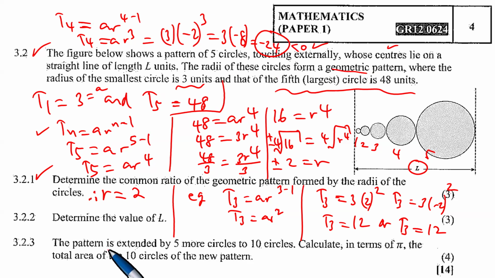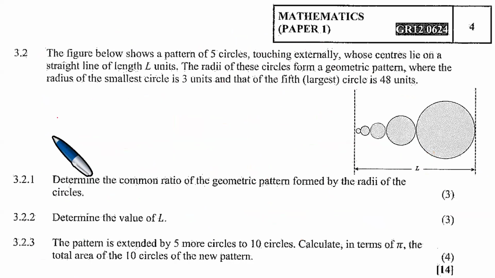So, something to take note of there. We proceed to the next question, and we now try to solve 3.2.2 about these particular circles, and we determine the value of L. The question, therefore, is what is the value of this particular L? Let us find the value of L. To find the value of L, we can see that L itself is actually the sum of the diameters of this.